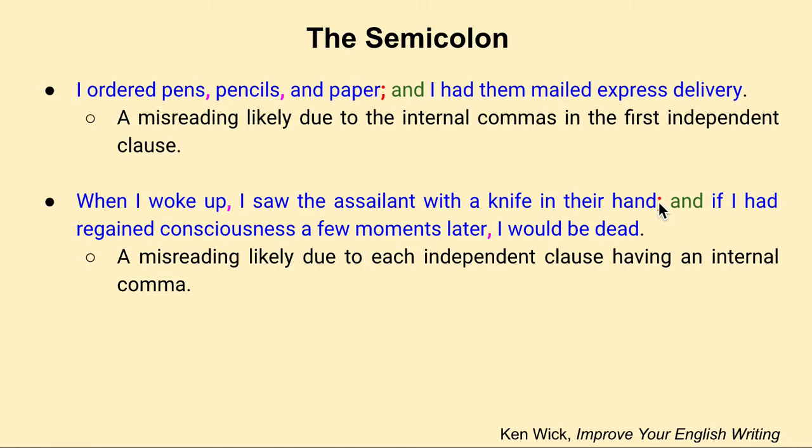So to clearly show that you're separating the independent clauses, you use a semicolon. Once again, you use the semicolon to separate the 2 independent clauses joined with a coordinating conjunction when a misreading is likely. In this case, a misreading could occur because both clauses have an internal comma. Therefore, we use a semicolon.